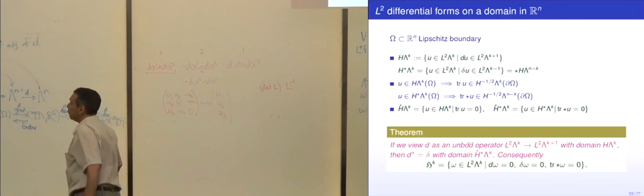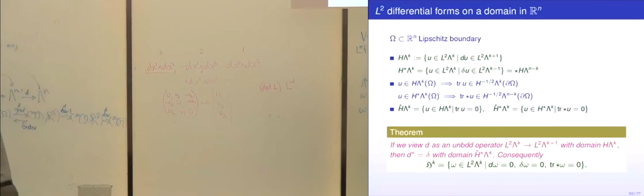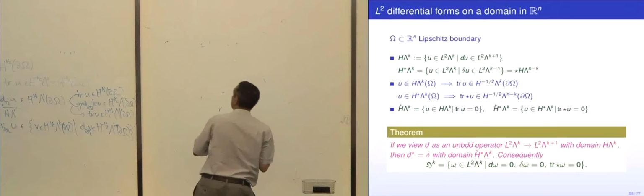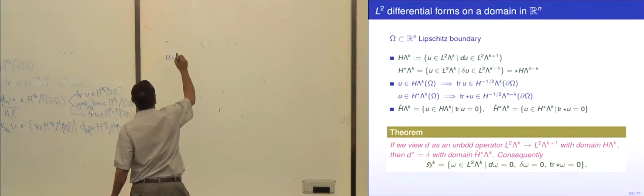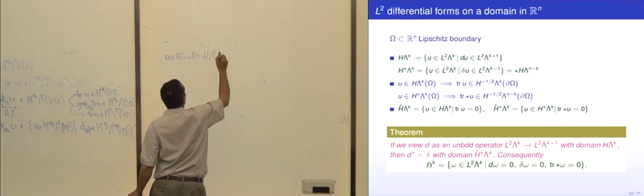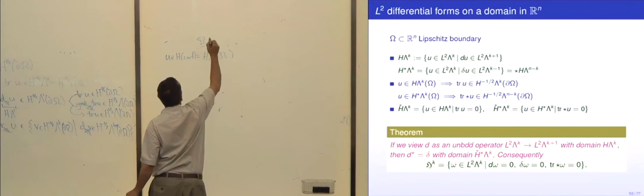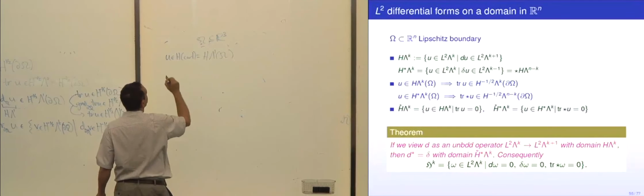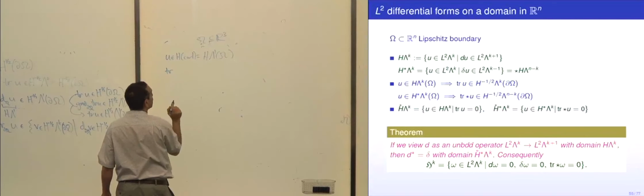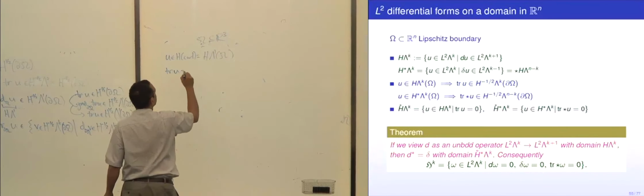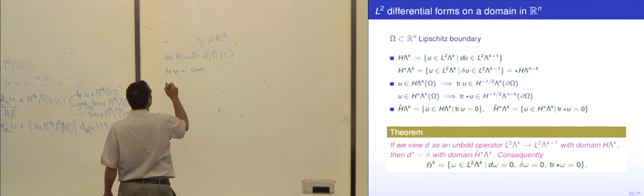So what if we applied the same kind of reasoning to an H curl function? What is the trace of an H curl function on the boundary? So if u is in H curl, that's H Lambda 1 of omega, let's say 3D. Doesn't really matter if it's 3D or not. Then we have the trace in the sense of H1 forms, which is the tangential, so trace u is really u cross n.